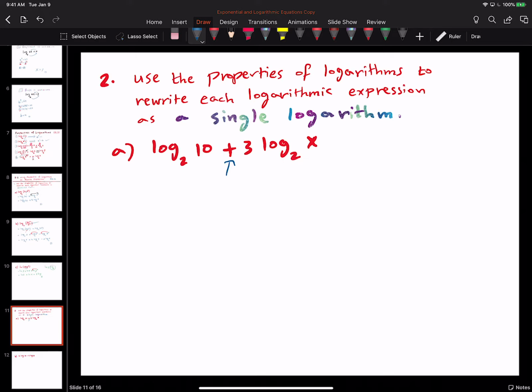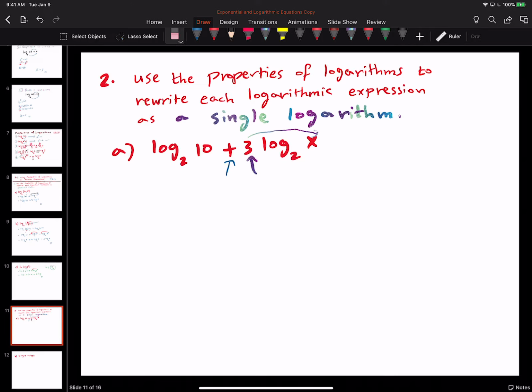And since we also have a 3 up front here, that could go back inside right here. So let's take care of the 3 first.